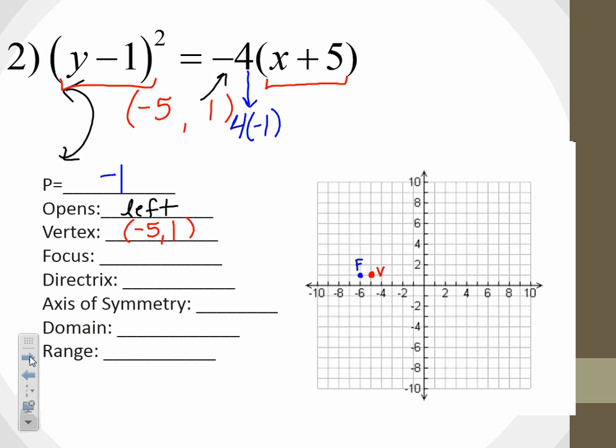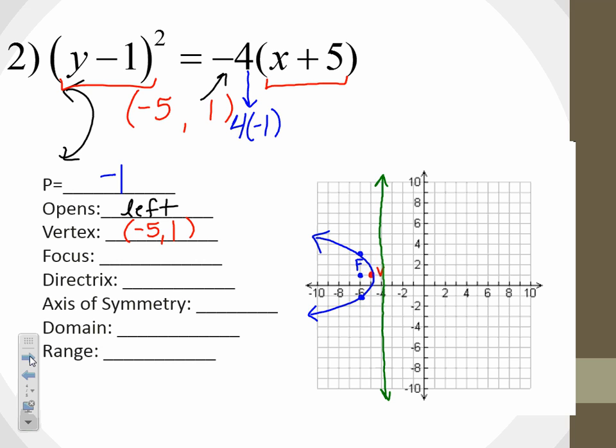It needs to have a width of 4. So I'm going to count up 2, down 2, connect, and wrap it around the focus. There we go, parabola going to the left. Okay, and I think I'll just go ahead and draw in my directrix line right away while I'm doing this. Evenly spaced away, 1 unit away from the vertex, just like the focus.